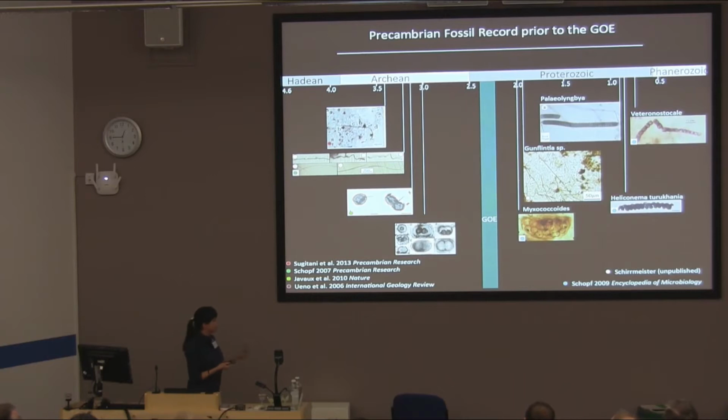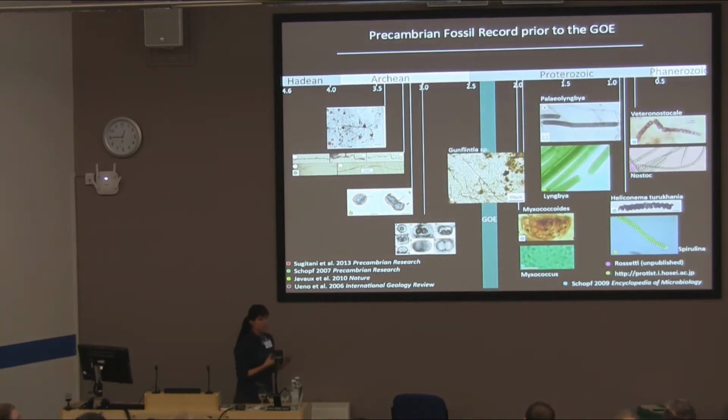The good thing about the Proterozoic is that for many of those fossils, so much characteristic is preserved that we can link them very nicely to modern taxa, many of which are cyanobacteria, as you see here, for example, for Spirulina. We also see this in the names: they will have similar names, like Palaeolyngbya is presumably an ancestor of Lyngbya. They look very similar.